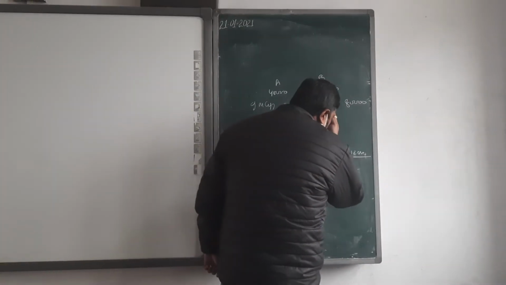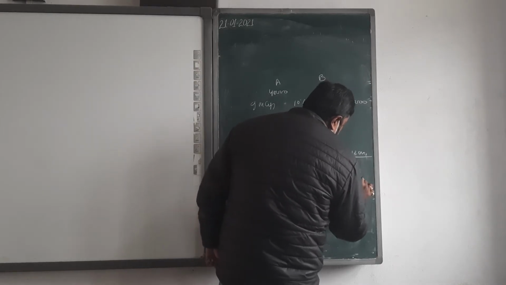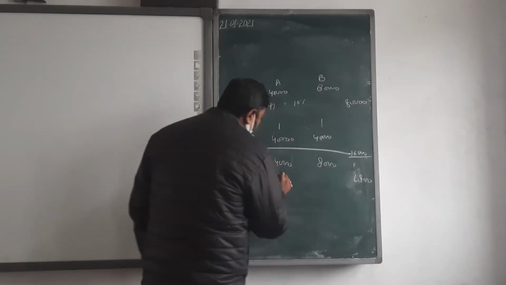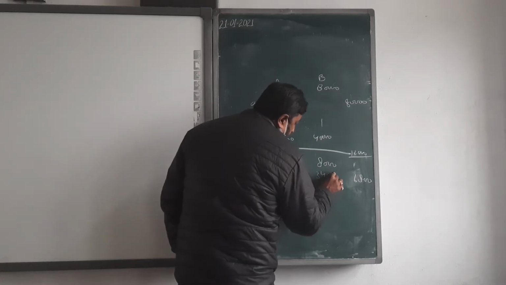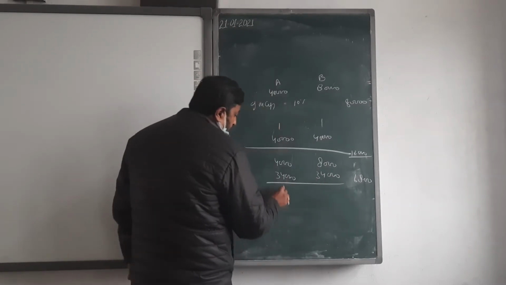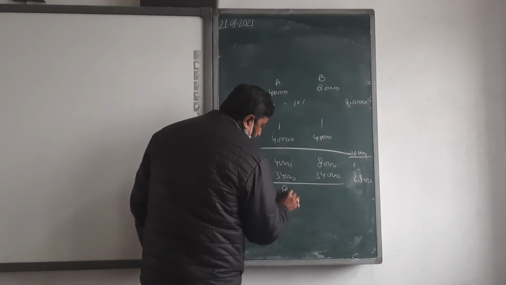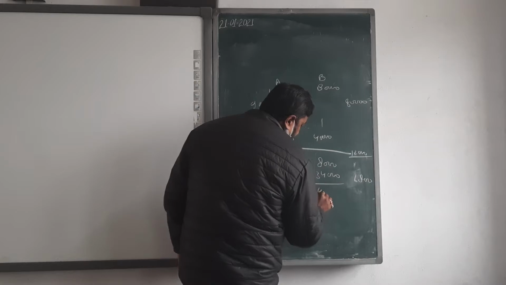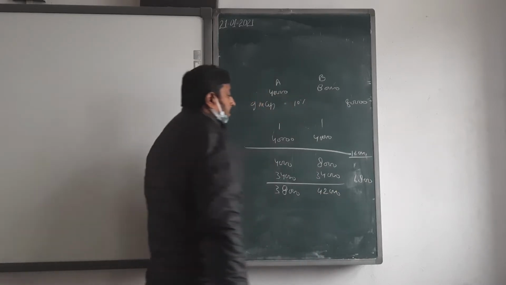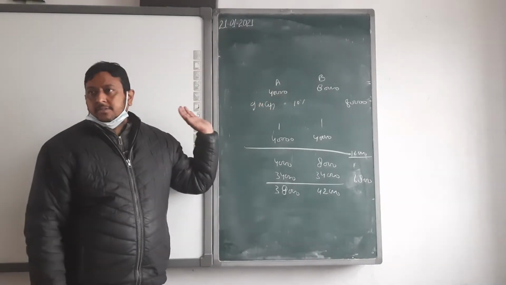The difference amount is 68,000. Distribute this amount among the partners. Just see what amount is coming. 38 and 42. It means there is some problem or not.